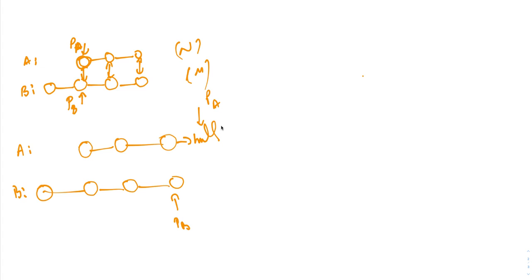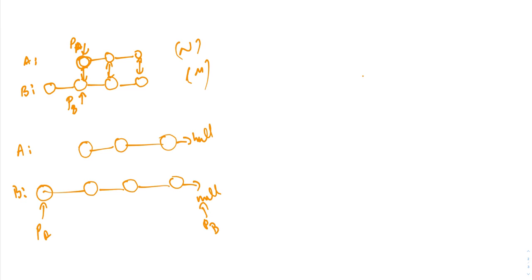But now in the next iteration again, we check: PA is null. Now PA will go to the beginning of B. PA will be here. And PB in the next iteration will go to the null pointer. So PB will be here.